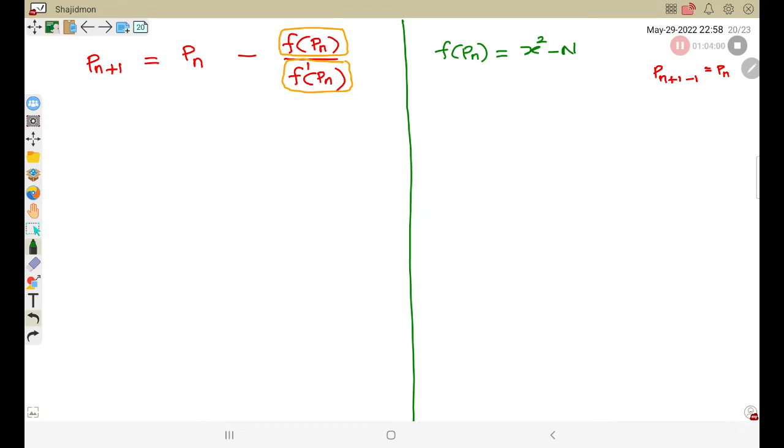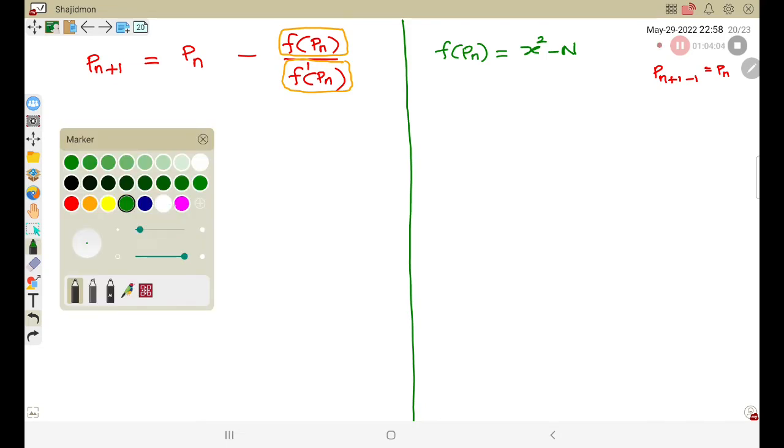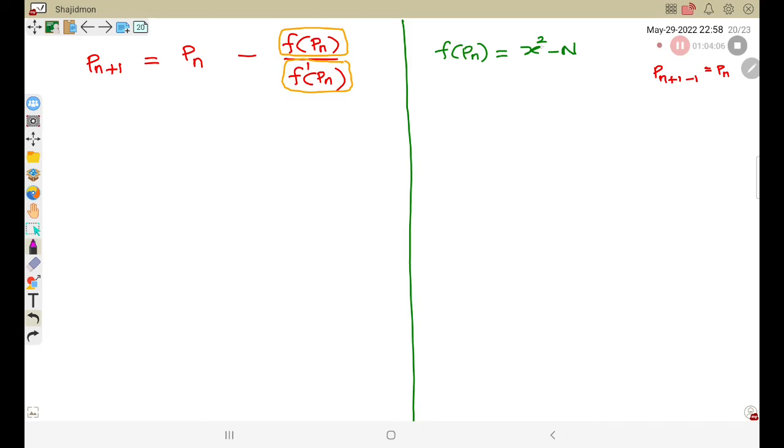That is f of x. Now, what is the meaning of f of Pn? Instead of x, we need to replace Pn, correct? So how can we write this one? x means Pn square, same, minus capital N, same. I hope you understood. x replaced by Pn.